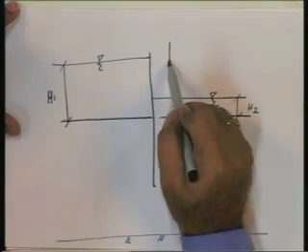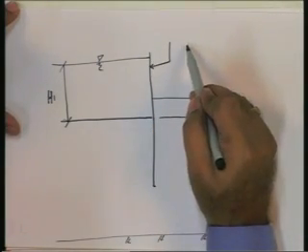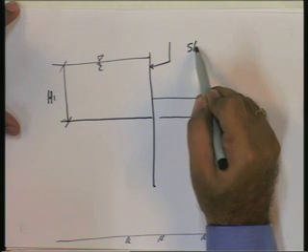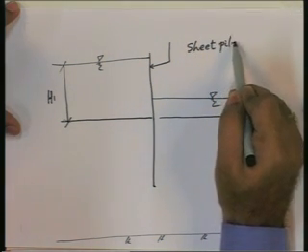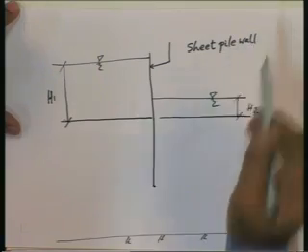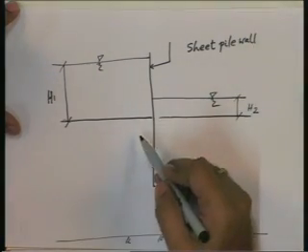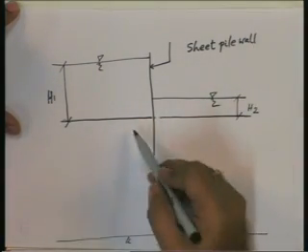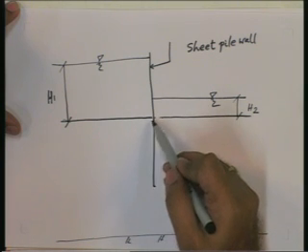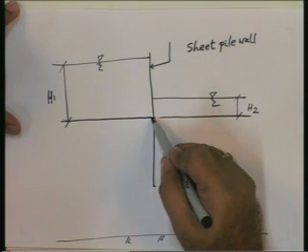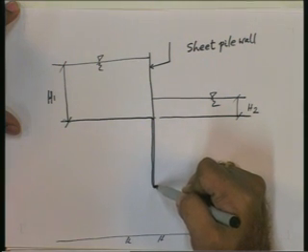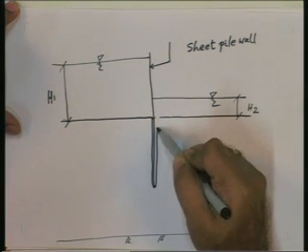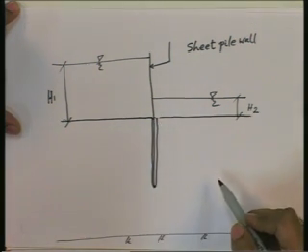Then this particular line represents the two-dimensional view of the sheet pile wall. In this case, the first flow line creeps along the sheet pile wall.